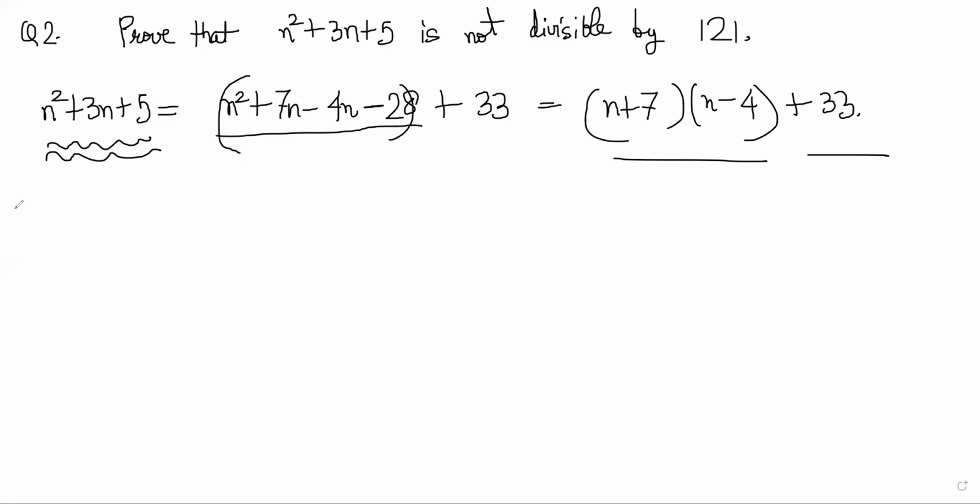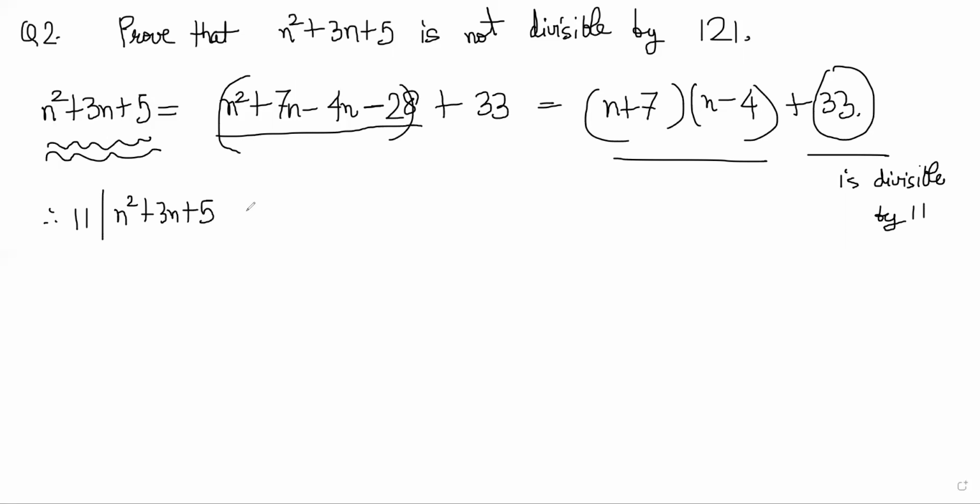Now we know that 33 is divisible by 11. So therefore 11 will divide n square plus 3n plus 5 if and only if 11 divides n plus 7 multiplied by n minus 4, right?